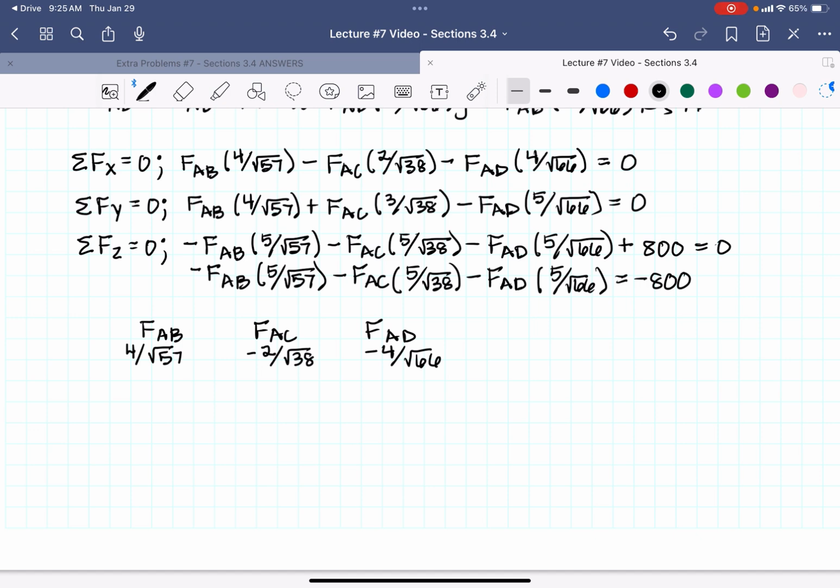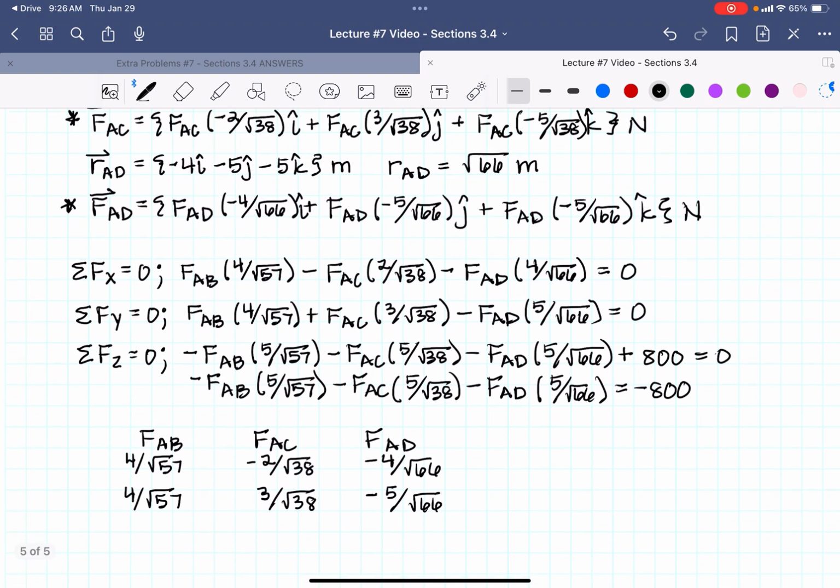And then for my second equation, I also have 4 over the square root of 57. I have 3 over the square root of 38. And I have negative 5 over the square root of 66.